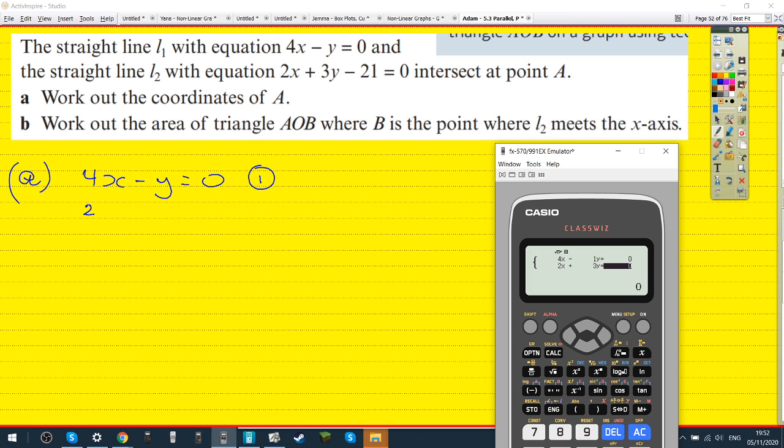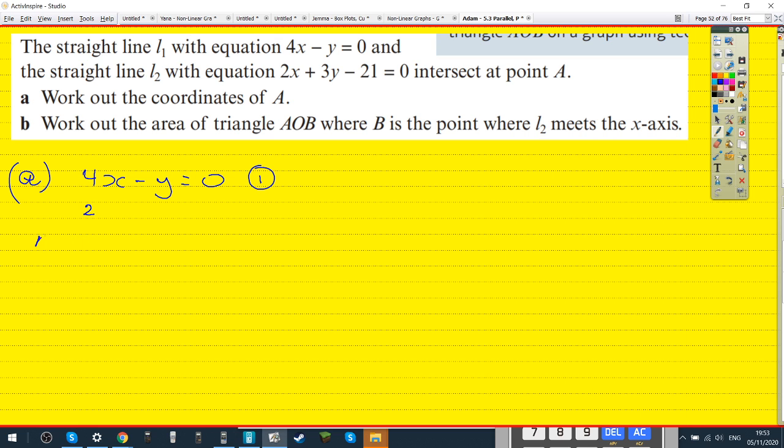And if you brought minus 21 over, what would it be? Plus 21. So it's 3 over 2 and 6. So A, I'll say 1.5 and 6. And B.